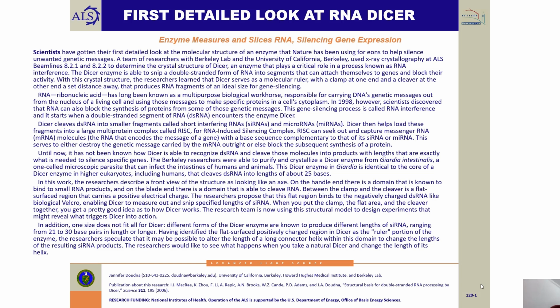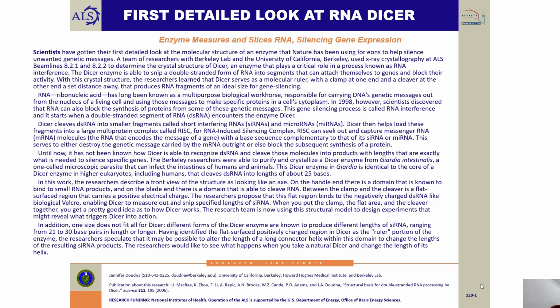So in this work, the researchers describe a front view of the structure as looking like an axe. On the handle end, there is a domain that is known to bind to small RNA products, and on the blade end, there is a domain that is able to cleave RNA. Now, between the clamp and the cleaver is a flat surface region that carries a positive electrical charge.